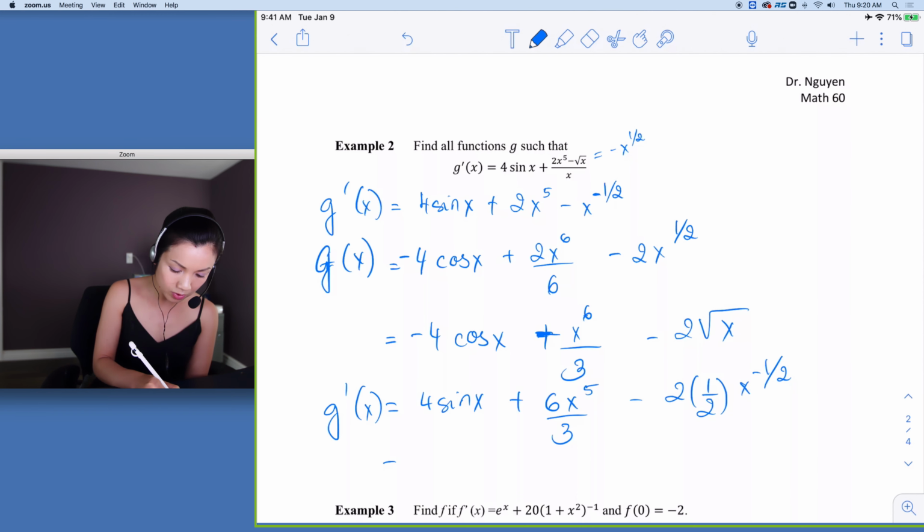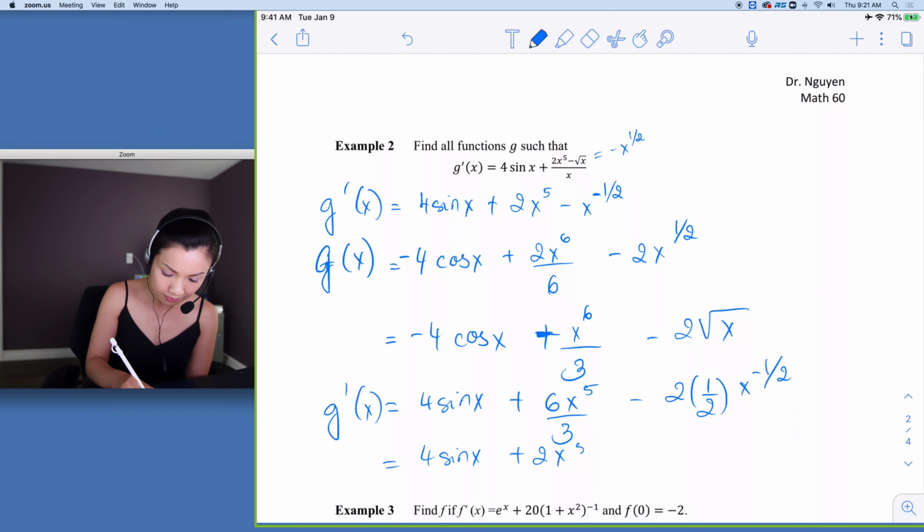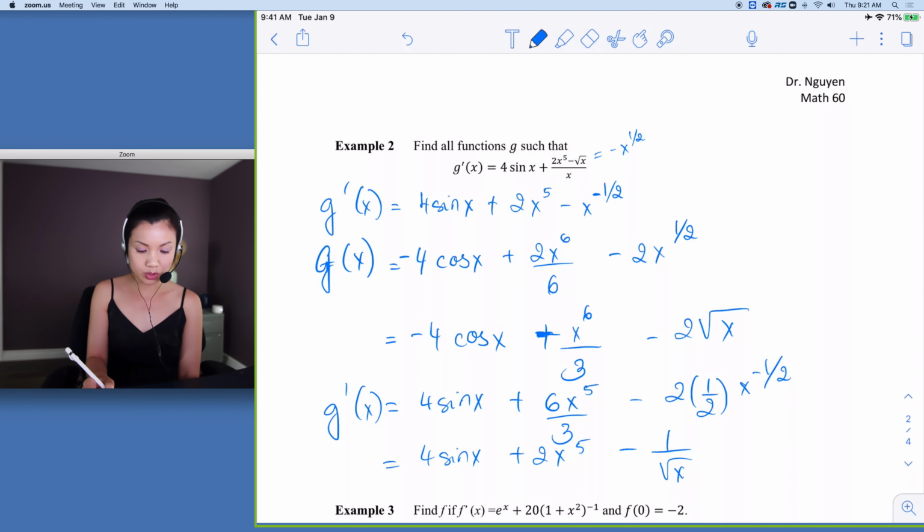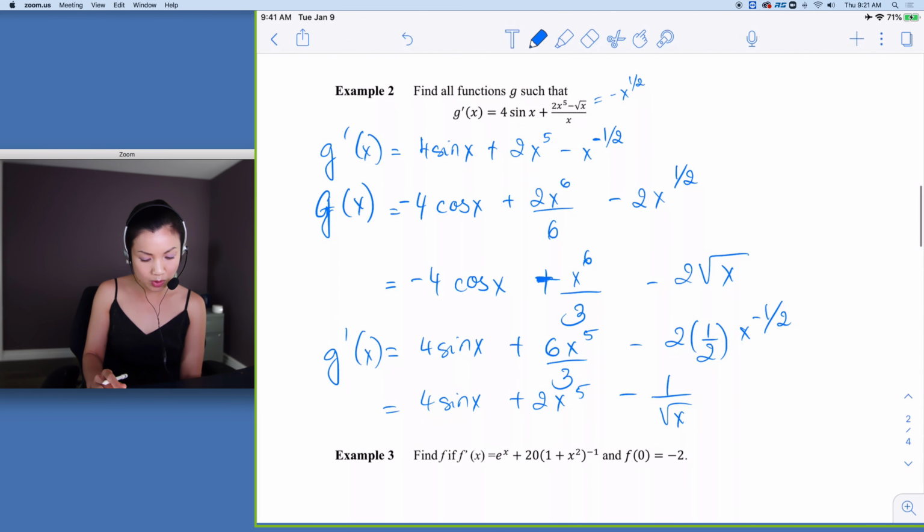Okay, so what we have is 4 sine of x plus 2x to the 5th power minus 1 over square root of x, which is the original that we have.